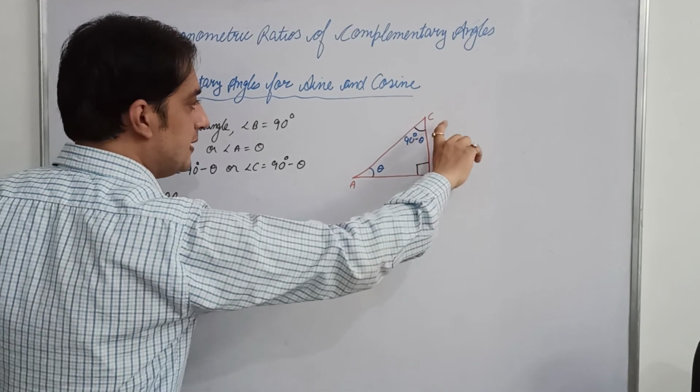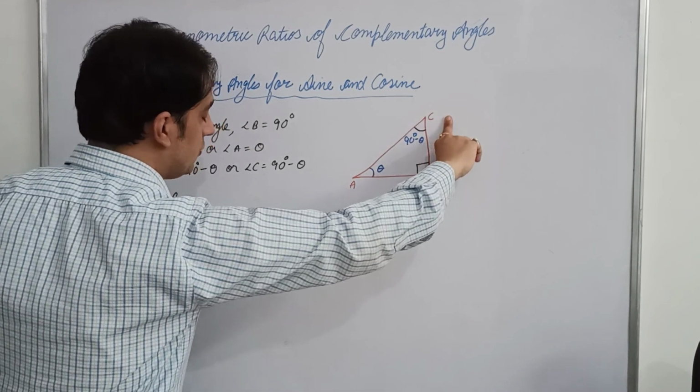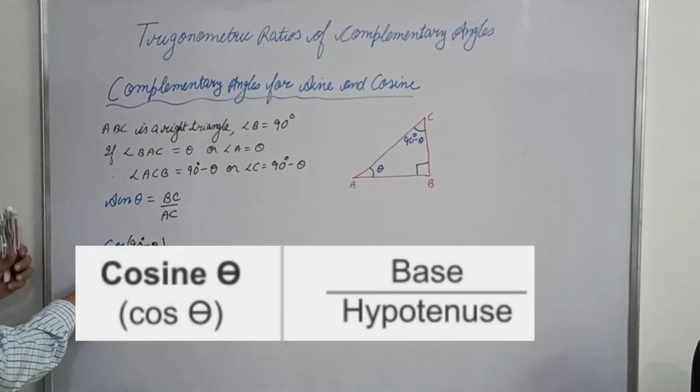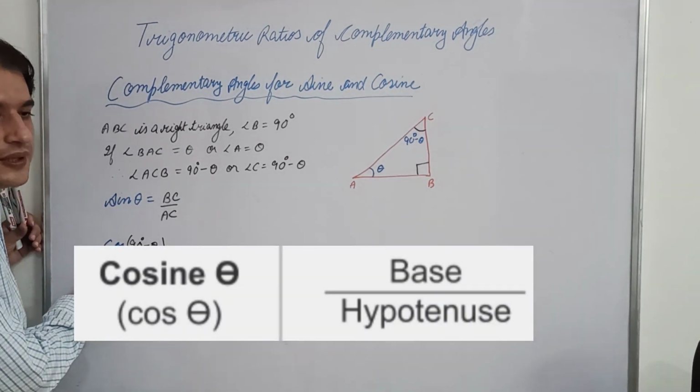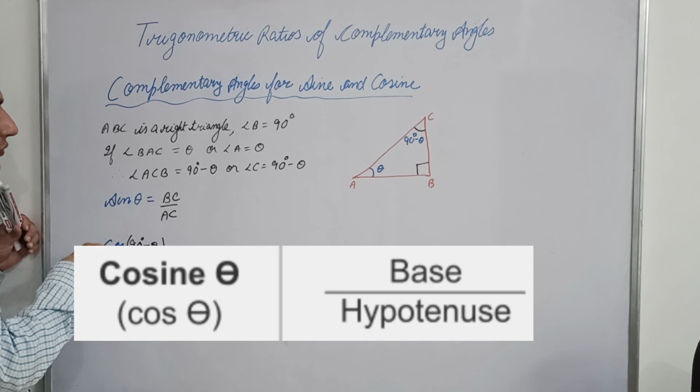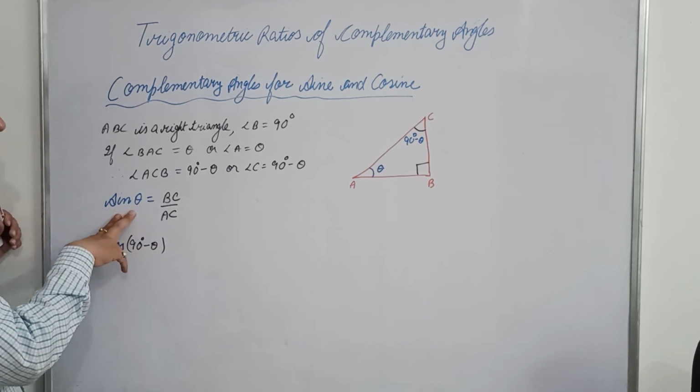BC is the base, because cosine T ratio is the ratio between the lengths of base and hypotenuse, and sine is perpendicular and hypotenuse.